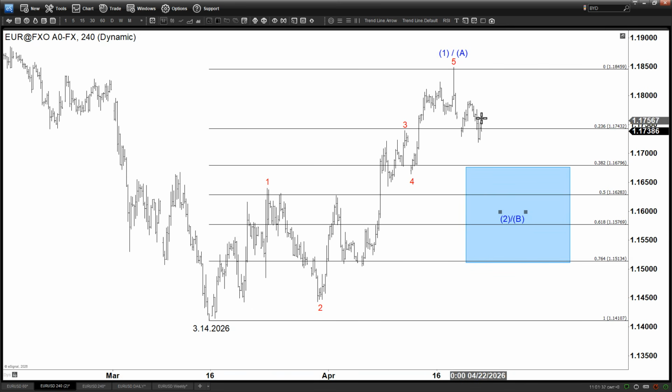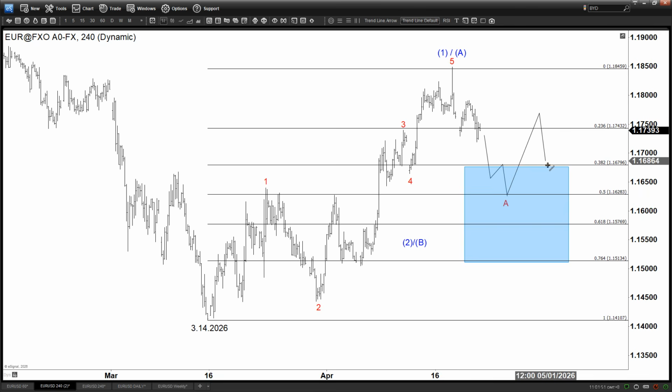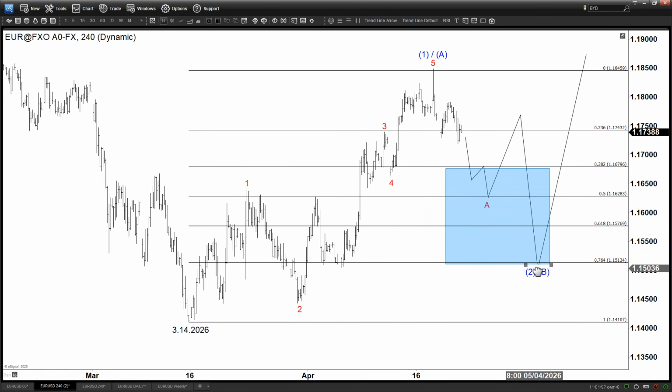Okay, so then this pullback, for example, in the worst case scenario, this could be 1, 2, 3, 4, 5, reaching 50% already, 5 waves down, and you label this as an A, and then you got a reaction in the B, and then you got a reaction in the C, and then going up. So that's kind of the worst case.